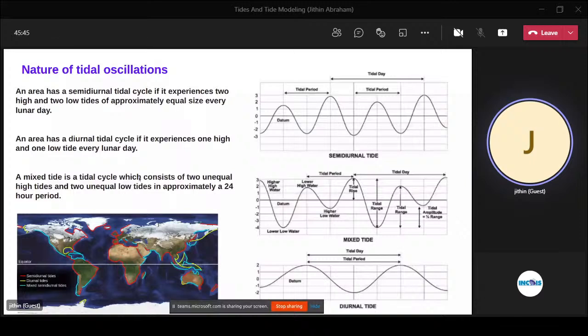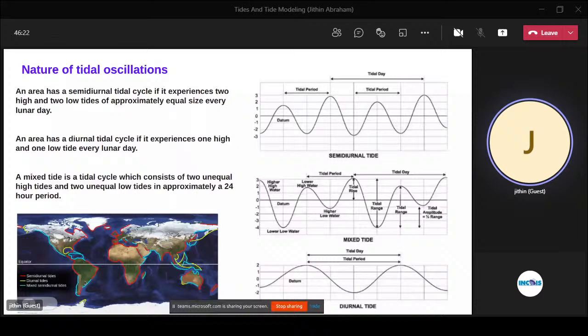There will be two lows and two highs, but the lows and highs will not be equal. So there are unequal low tides and high tides. Here we can see a very high tide, then a low tide, then a lower high tide and a higher low tide.